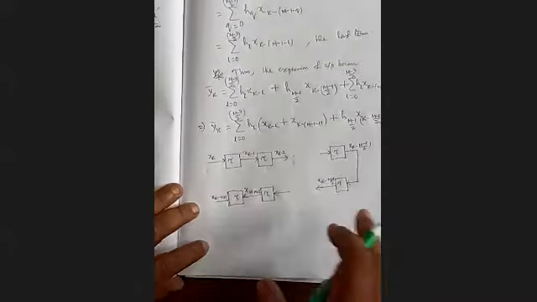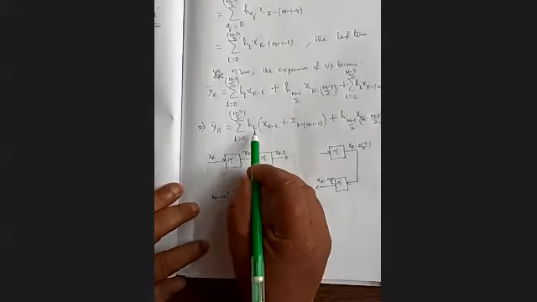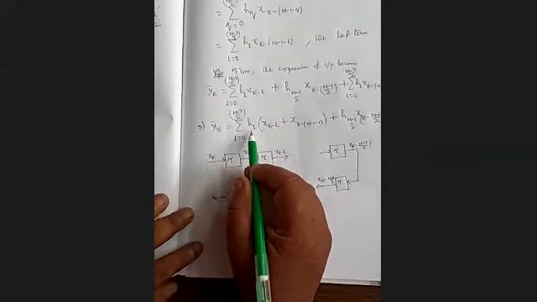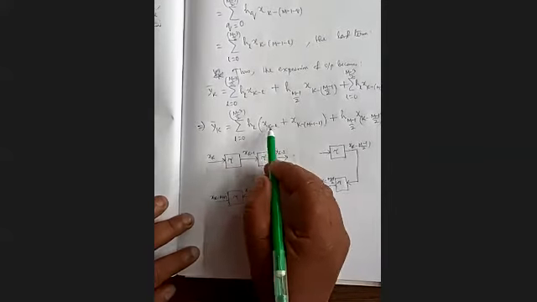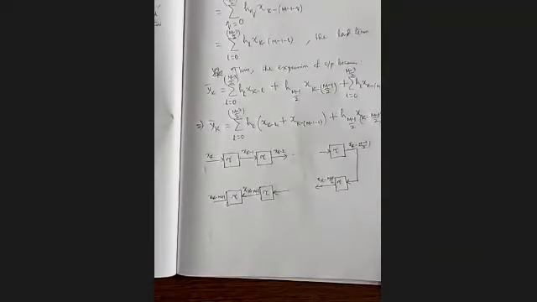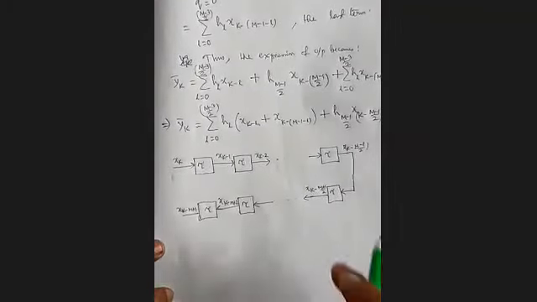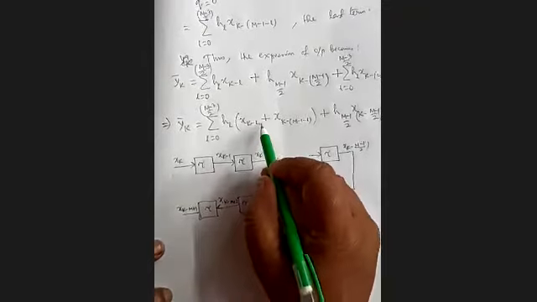Now note that here L equal to 0 is acting as a multiplier. First x k. Now you see, we put L equal to 0.